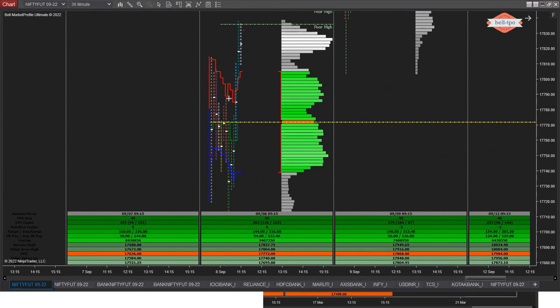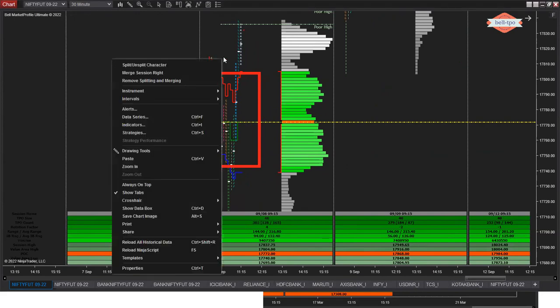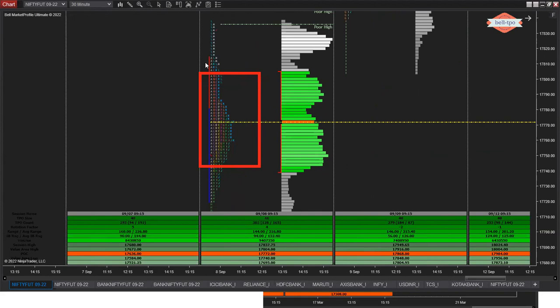You can see that most of the activity is happening in this band. If I compress everything towards the left, I will get a distribution. If I right click and press everything towards the left, what I'll be getting is a bell curve shaped distribution.